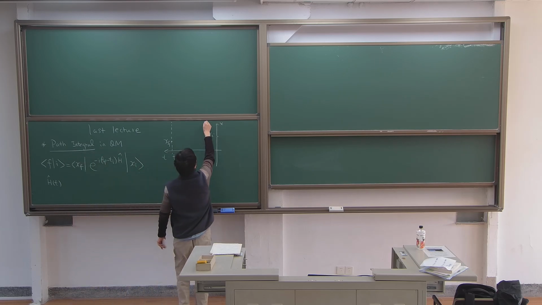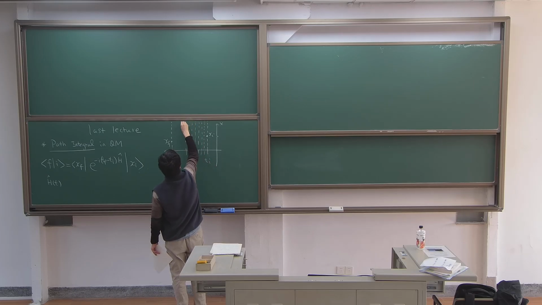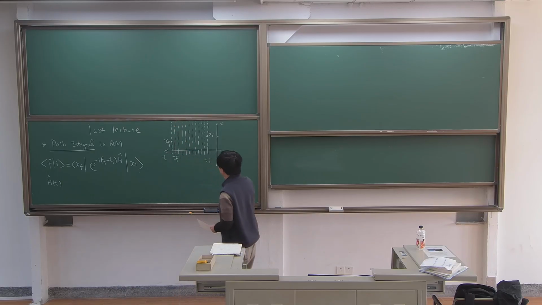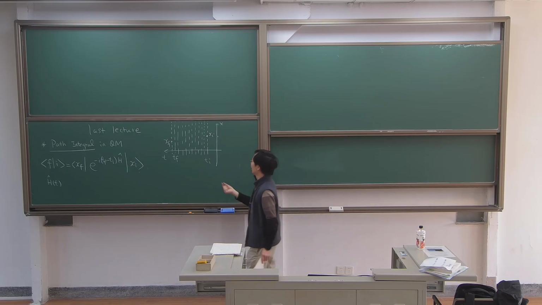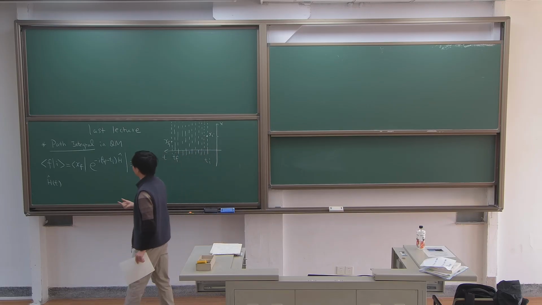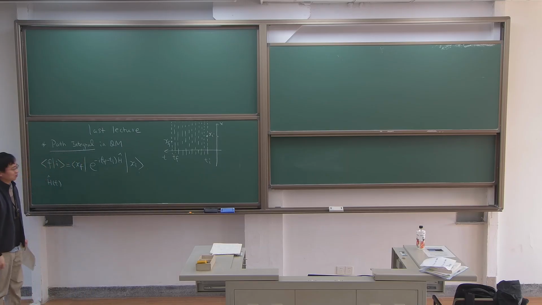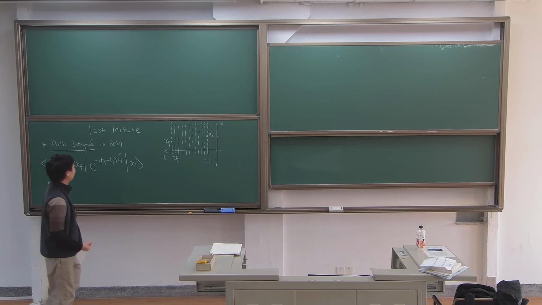What I can do is slice the time interval into many pieces. For this small interval, delta t, I can use this kind of evolution because H is approximately constant for that small interval.